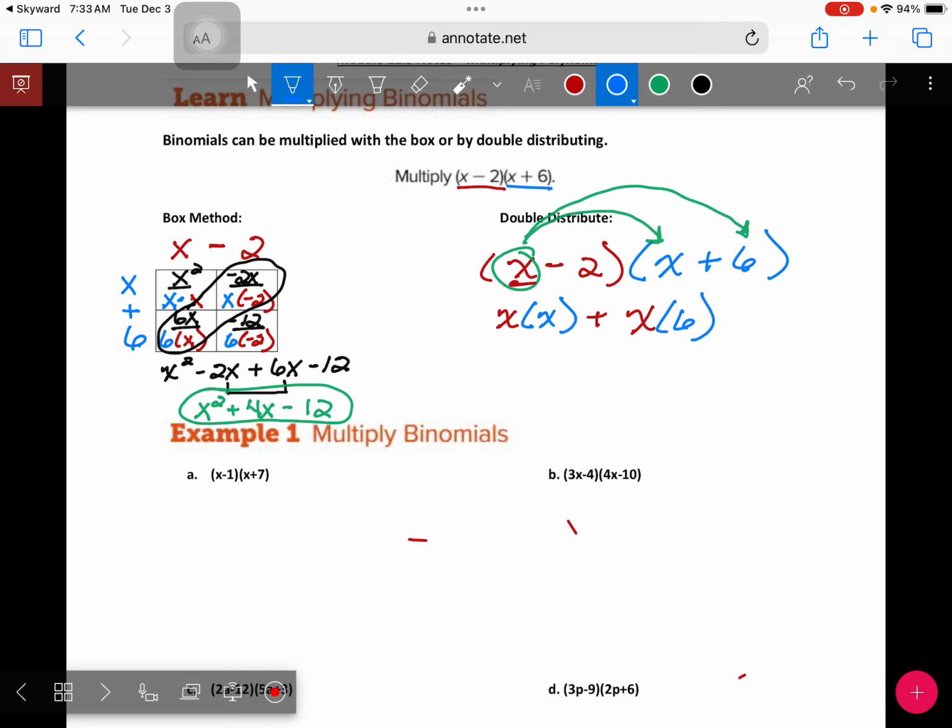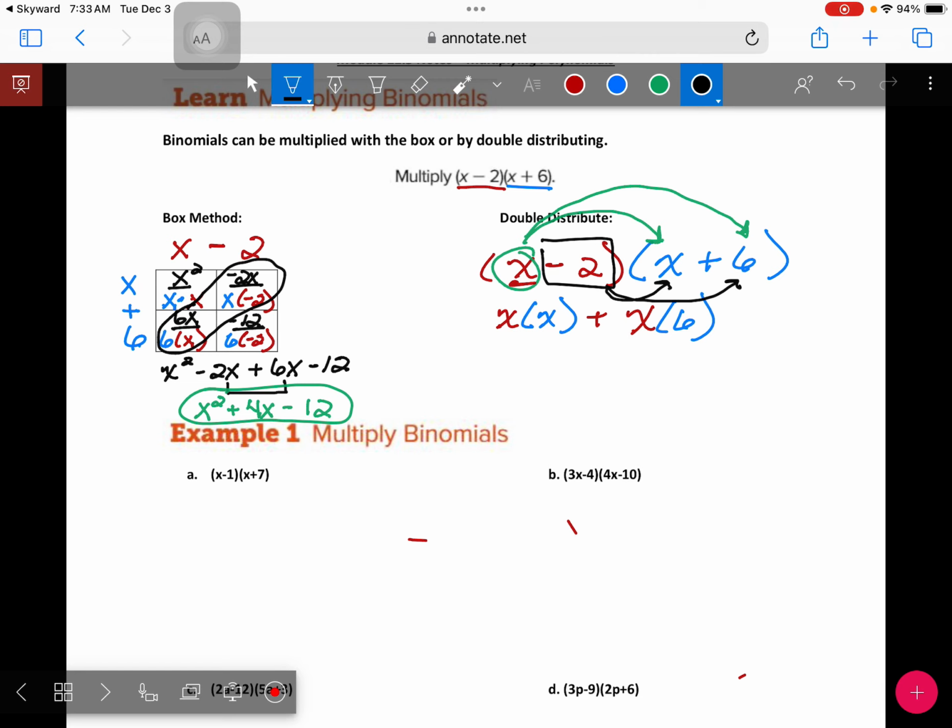And then I'm going to take the second term of the first polynomial, which is a negative 2. And I'm going to multiply that by the first term of the second polynomial and then by the second term in the second polynomial. David, are you with me? Okay.